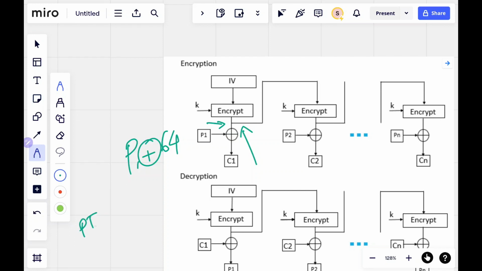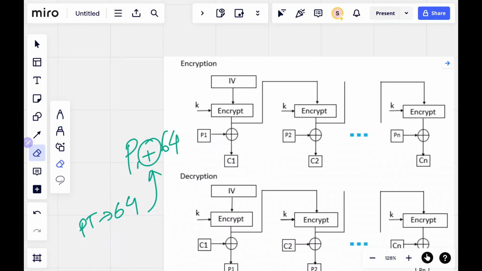So the entire plain text of 64 bits will be XORed with this output and we will get a 64 bit ciphertext. So what is different over here? The difference lies over here. Let me just clear these things up to make it easier to understand. The difference lies over here. As you can see, the output of this encryption phase itself is sent to the next block.